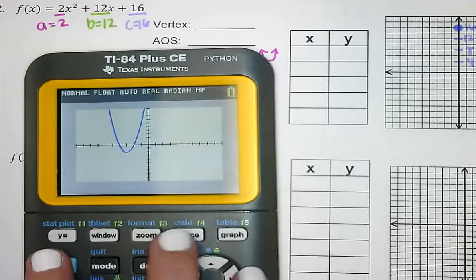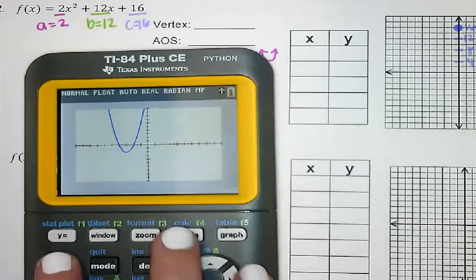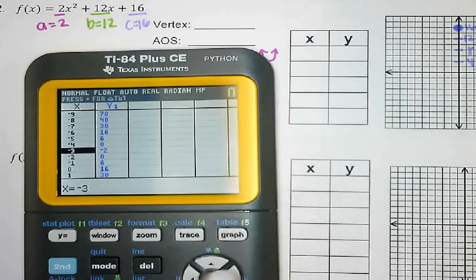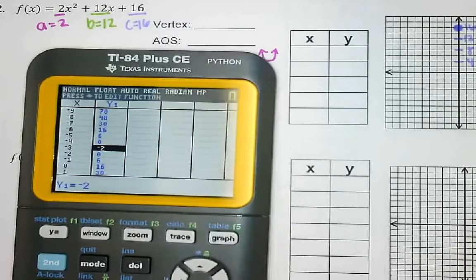So I know when I look at my table, I'm going to have to go over to the negatives. So it looks like, aha, there it is. So that's where they're symmetrical with each other. So -3 and -2. So that's going to be my vertex.